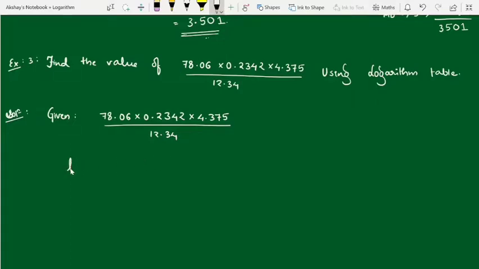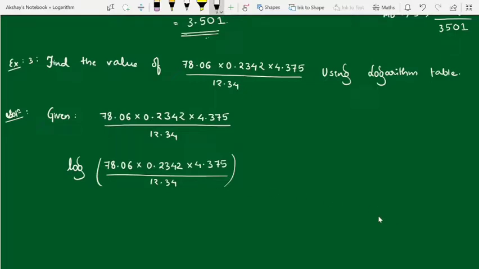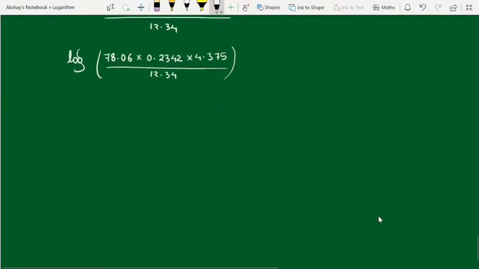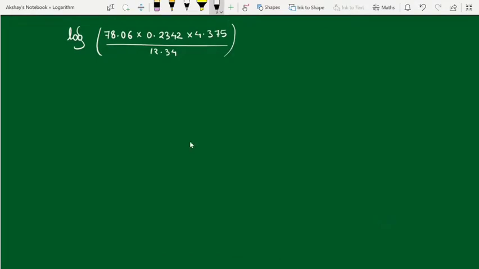So what I can write, log of 78.06 into 0.2342 into 4.375 divided by 12.34. Here we have product now. Product means which sign we are going to get? Plus sign. Okay, so we'll simplify this now.